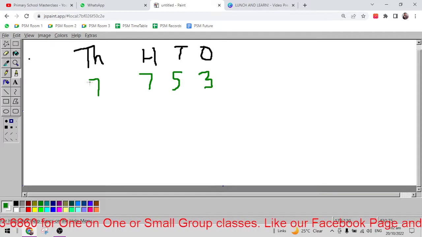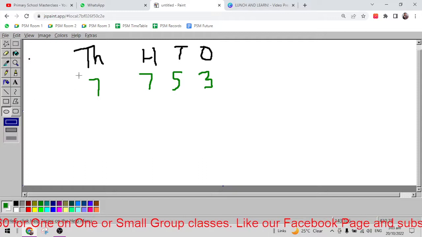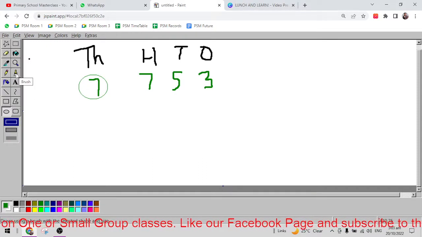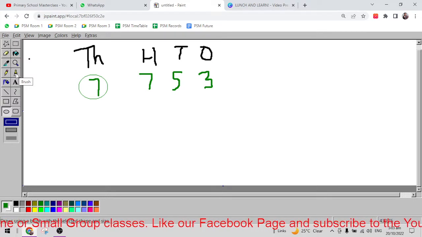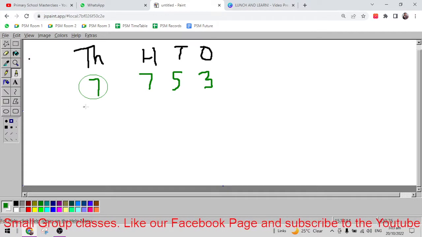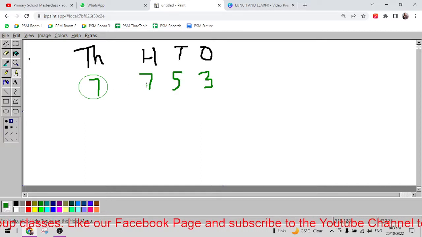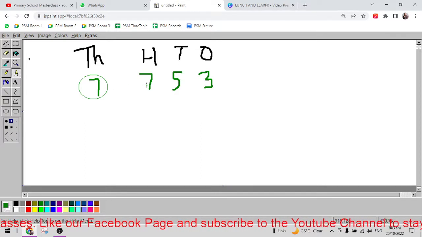My number in focus is the 7, that is under the 1,000 column, right? Then the number next to it is the 7. Is 7 equal to 5 or greater than 5?